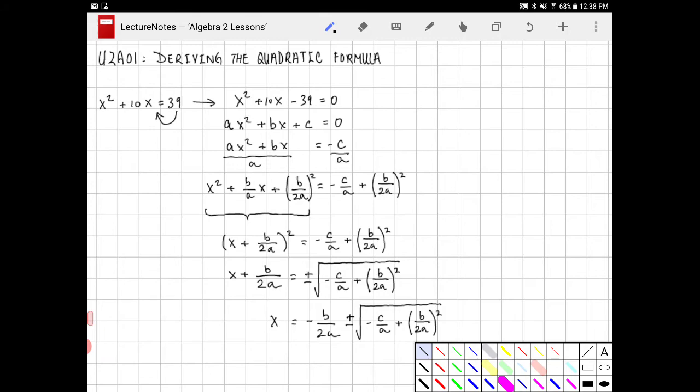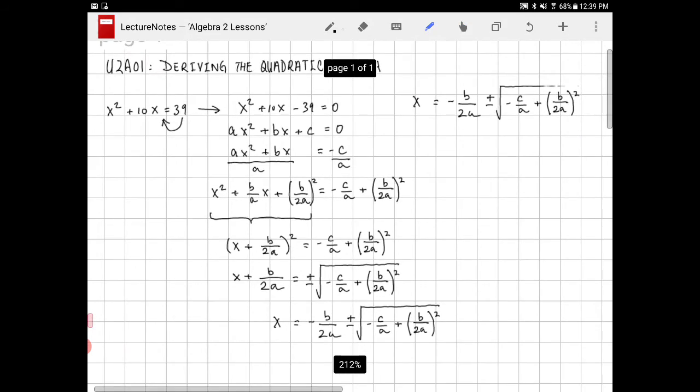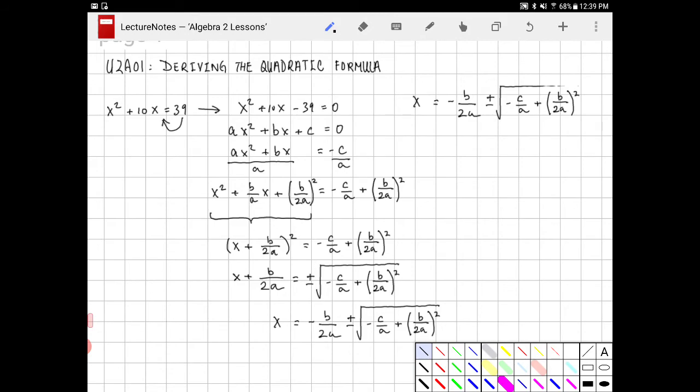So what we're going to do is take this square root and manipulate it a little bit by creating a common denominator inside of the square root. So how will that look? We end up with x is equal to negative b over 2a plus or minus a giant square root.